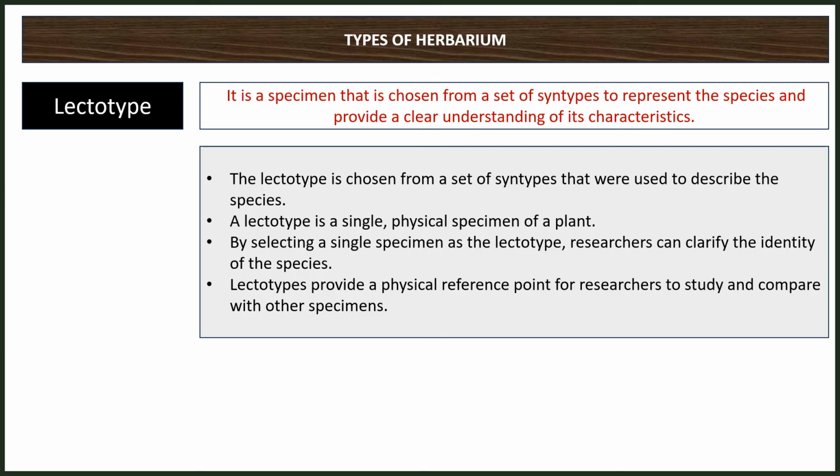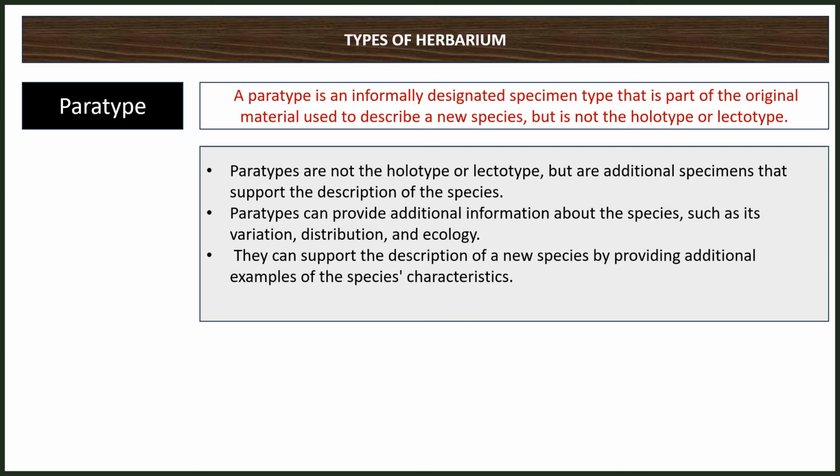By selecting the single specimen as a lectotype, the researcher can clarify the identity of the species, and the lectotype provides a physical reference point for researchers to study and compare with other specimens. So you can now understand that the lectotype is the specimen that is chosen from among the syntypes. So this is again a very minute difference.